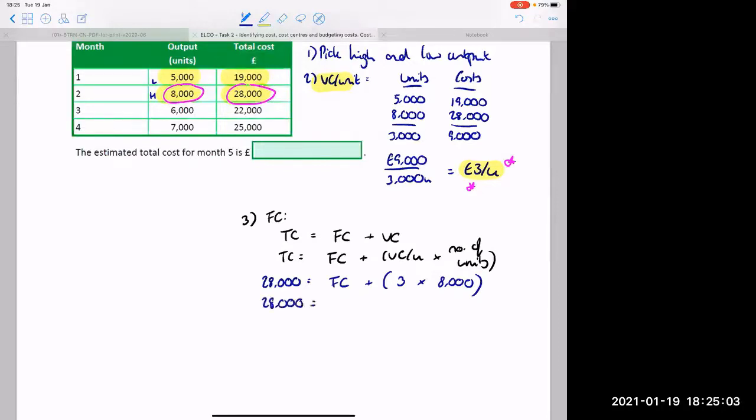Multiply out the brackets, £28,000 equals fixed cost plus 24,000. Take 24,000 away from both sides to get fixed costs on their own: £4,000.